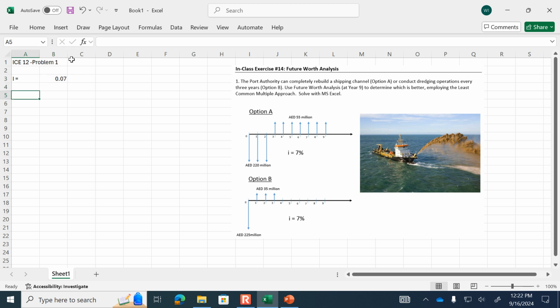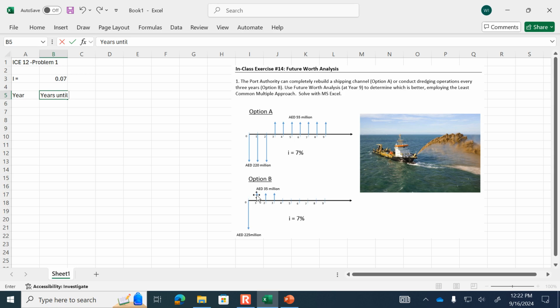And now, for a future worth, remember, we're going to have year, and then we're going to have years until some future time. And let's look here at our situation. We have two different cash flows. One of them is a 9-year horizon, one is 3.